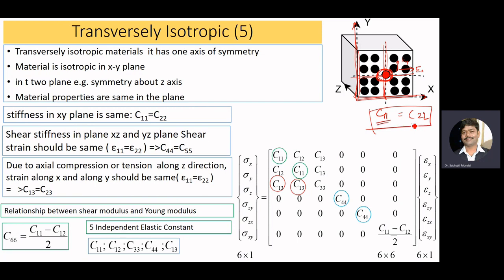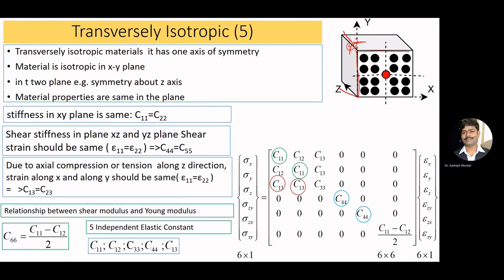The shear stiffness in the xz plane and the yz plane should be the same, so the shear strain yz must be equal to zx. For that case, C44 and C55 should be the same.